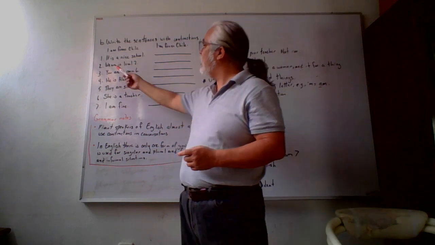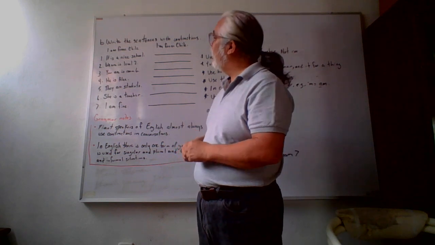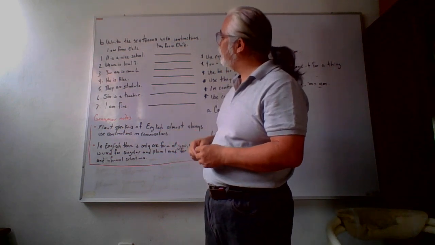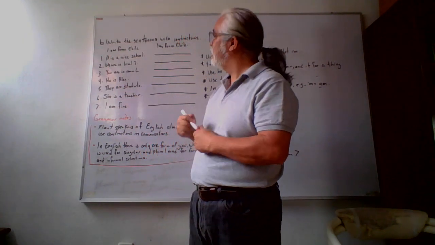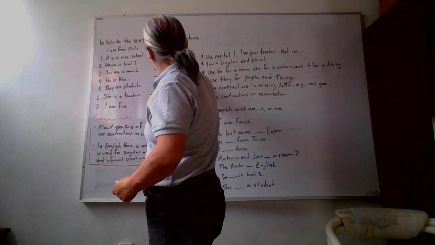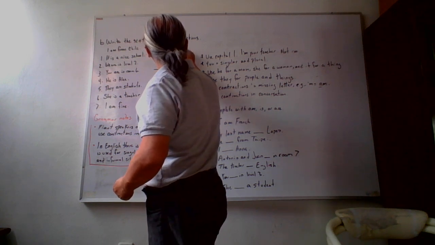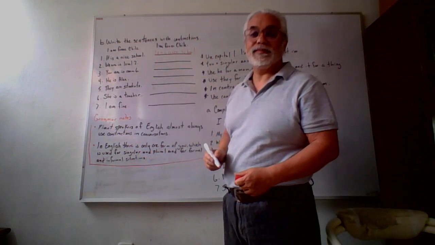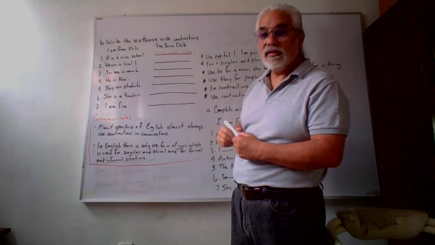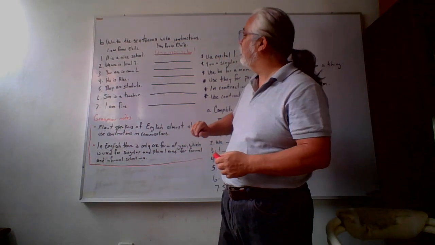In the next one, we have it is a nice school. And what we are going to do here is take the I away from the is and put it's a nice school. Okay? Can you guys see that? It looks a little light from my point of view, but hopefully you're okay.